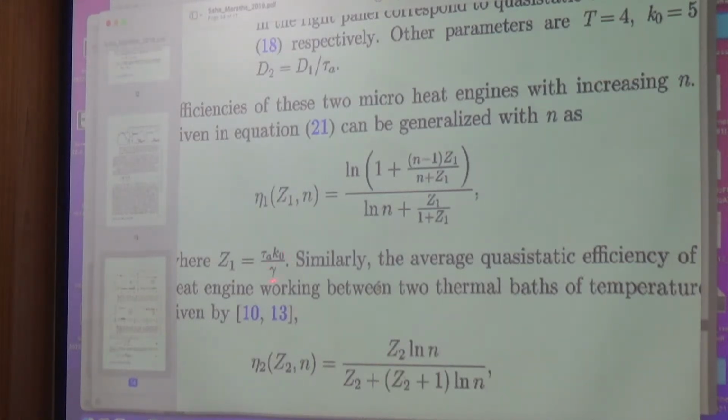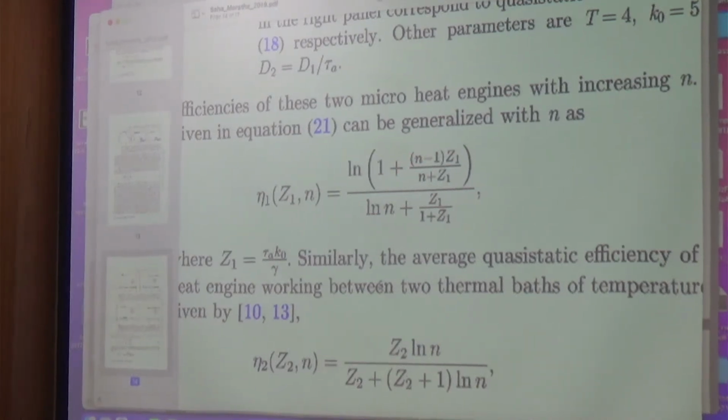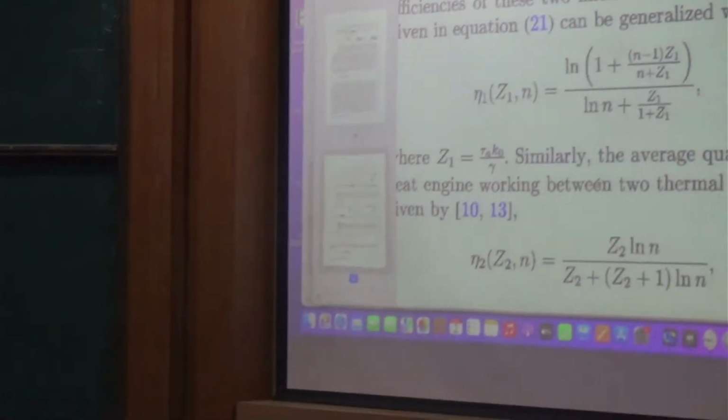Some factor they mentioned, but anyway, this is for a passive heat engine which has two different temperatures, as we discussed. It is not necessary that we have this K here.